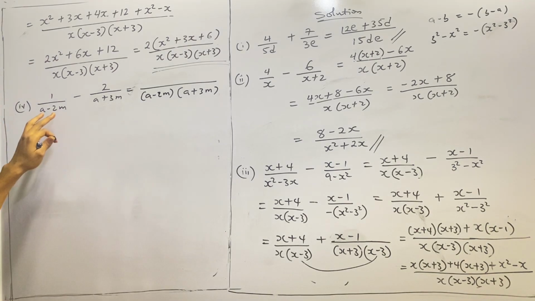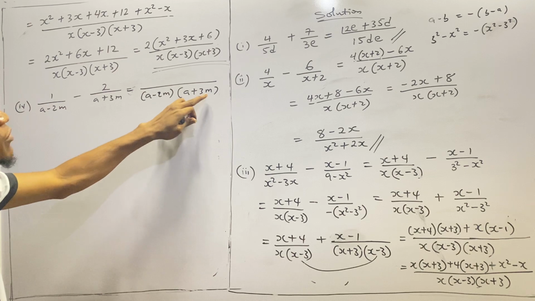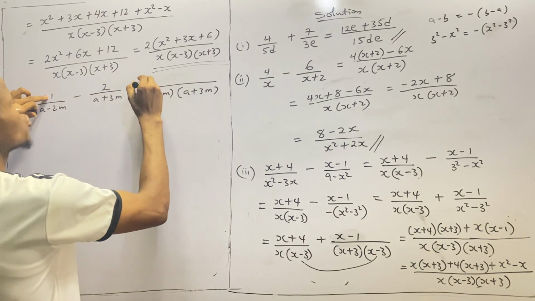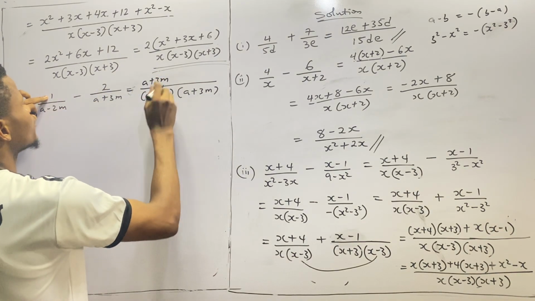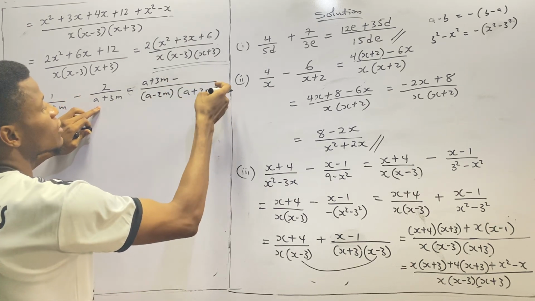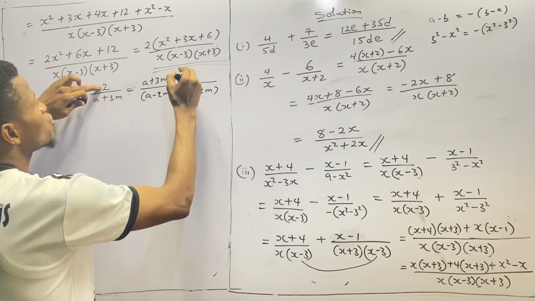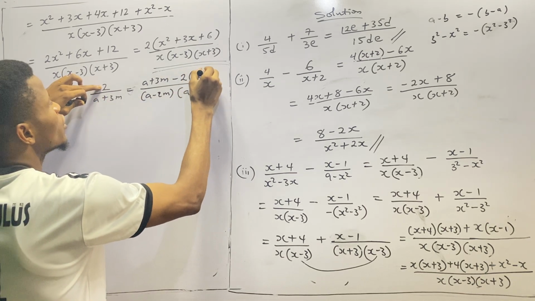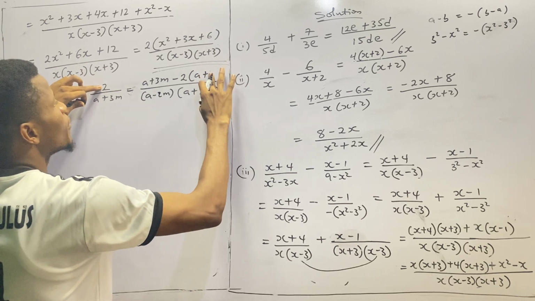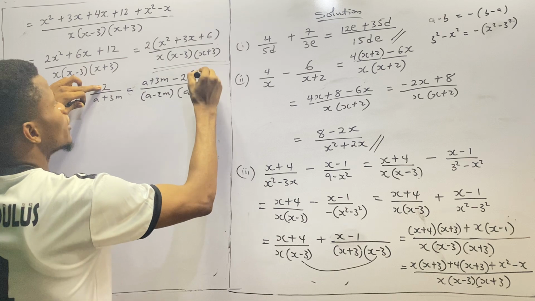So when this divides, a minus 2m cancels a minus 2m, remaining a plus 3m times 1, which is the same, a plus 3m. Then what sign is here? Minus. a plus 3m divides the entire LCM, so it cancels itself, remaining a minus 2m times 2. So it's going to be 2 into a minus 2m.